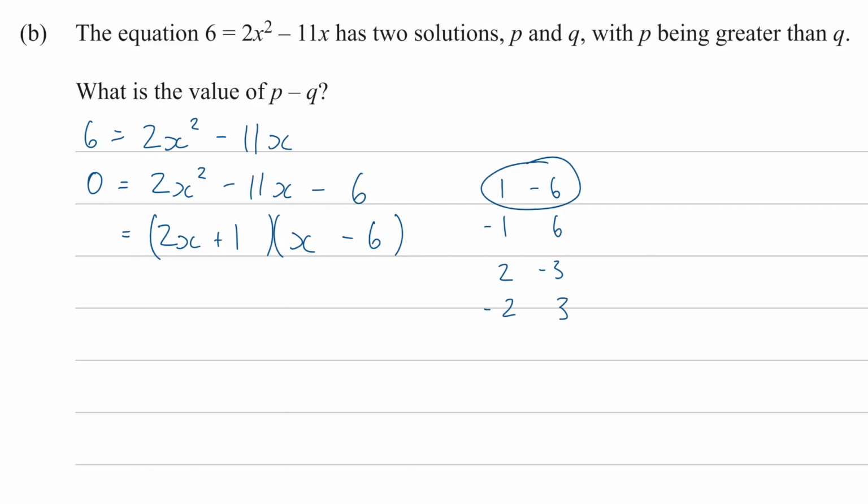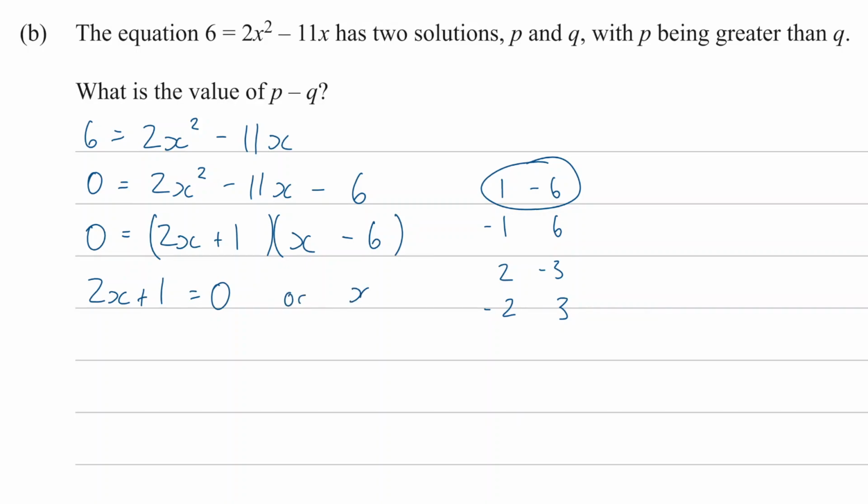But now we've factorized it, we can solve it. If this whole expression equals 0, either 2x plus 1 must be 0, because for anything times anything else to equal 0, one of the terms needs to be 0.